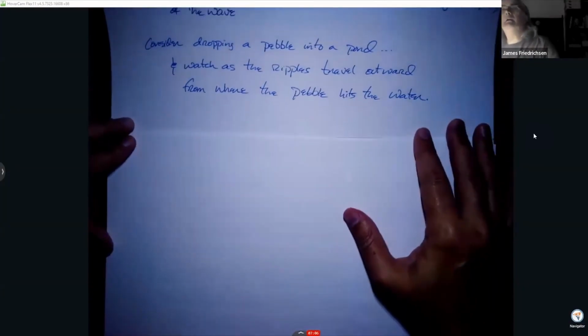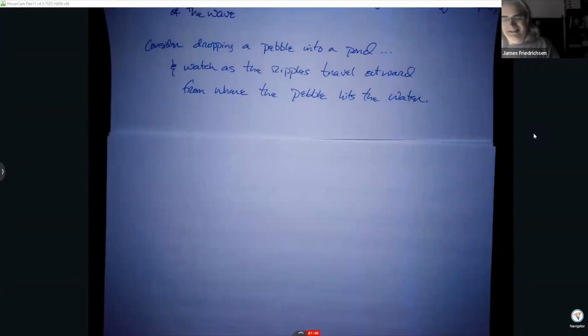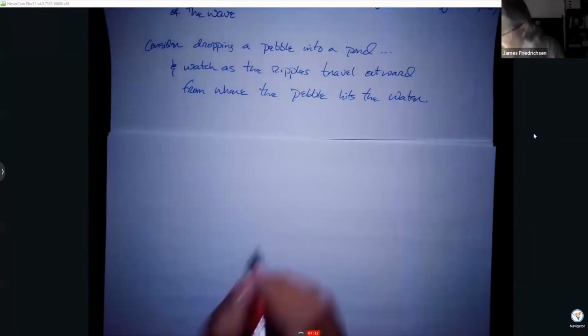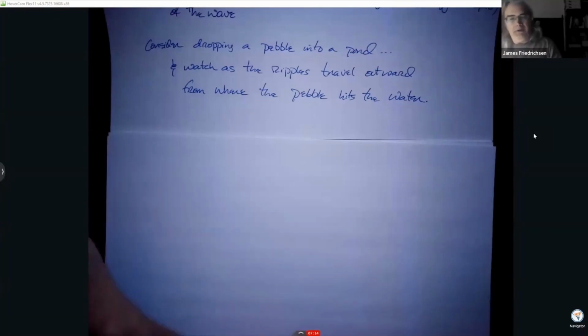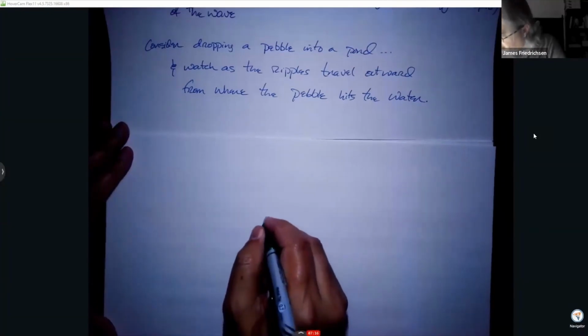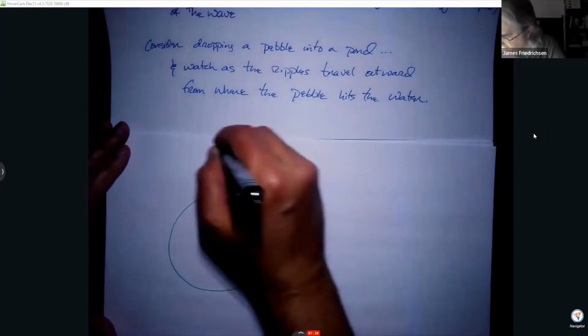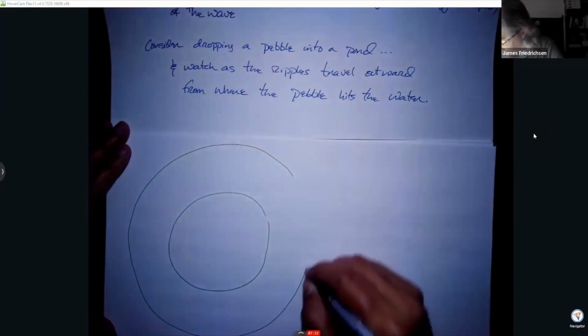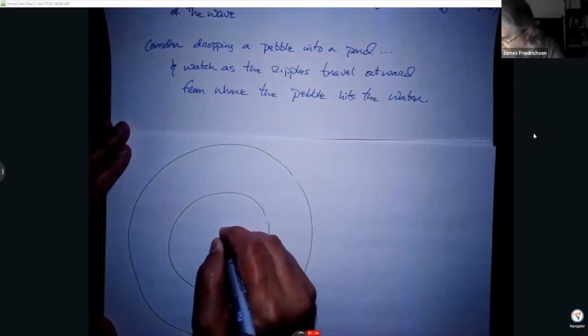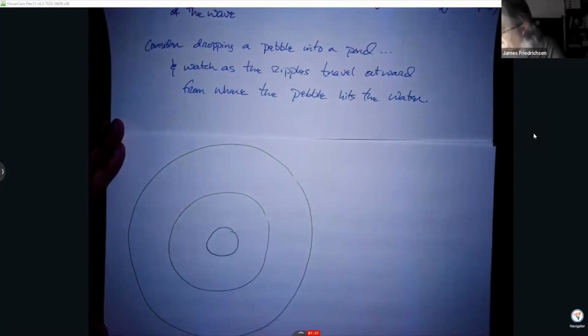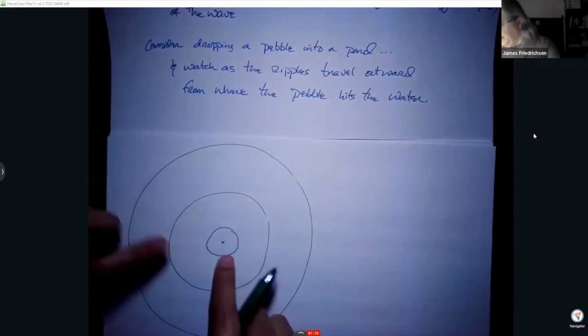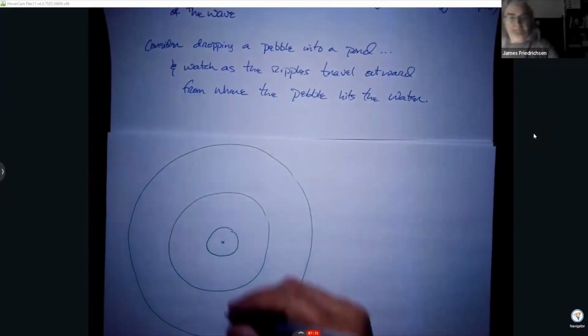And then what we're going to get is that the pebble's going to hit at one point, and then we're going to generate these ripples. And the thing about the ripples is that they're going to make these kind of concentric circles or rings. And so we'll say that the pebble hits here at the center.